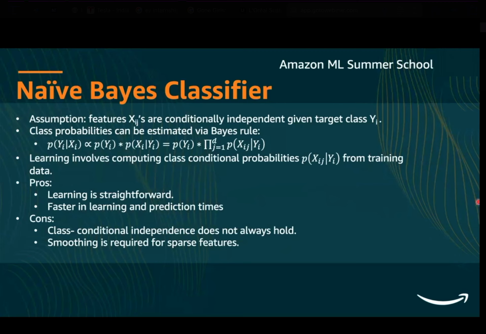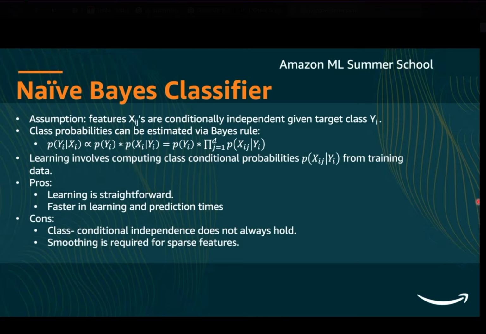Let's take an example. Let's consider a fruit, right? Let's say the fruit is an apple. Now that fruit will be considered as an apple if it is red, it is round, and it's about, let's say, 3 to 4 inches in diameter, right? Now, without knowing that this is an apple, these features might be related, right?